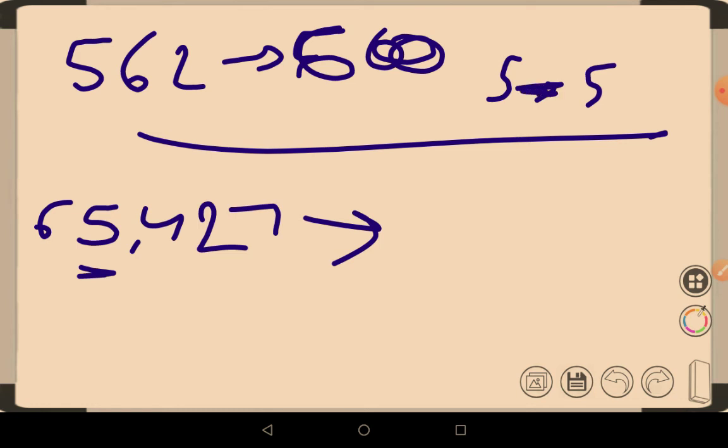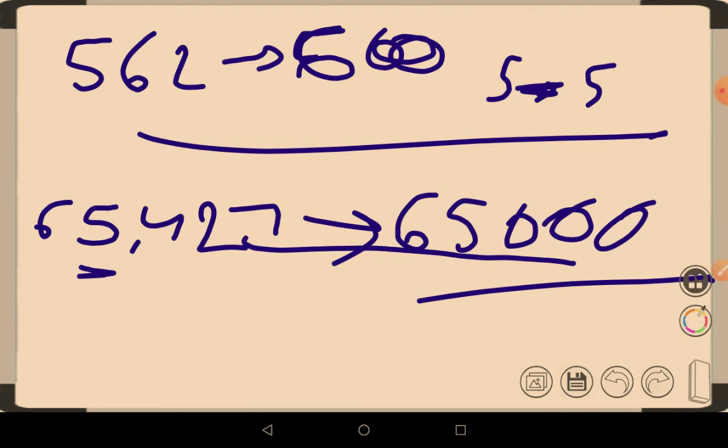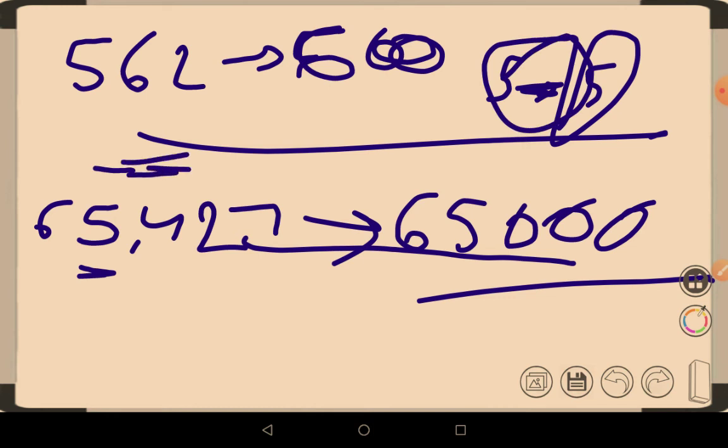Now what I will do is write it the same, 6 and 5, and make the rest all 0, 0, 0. Okay, I made a great mistake. I only compared it with 5 and 5. I have to check with this one. This is also the correct answer because 4 is smaller. So this is our answer for it.